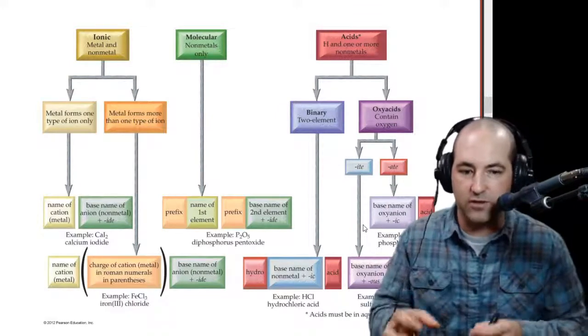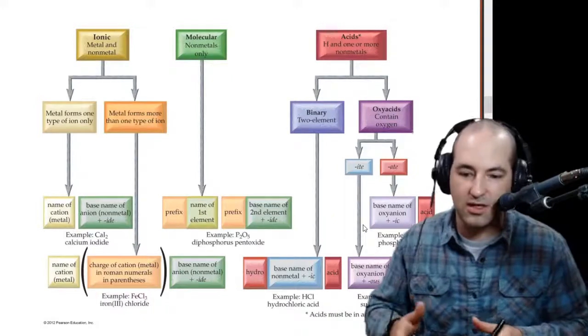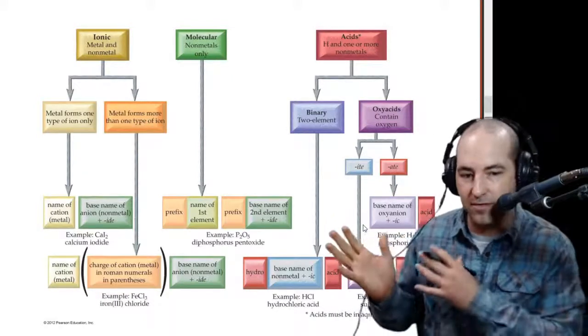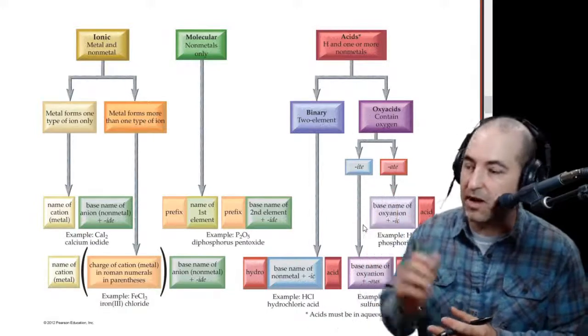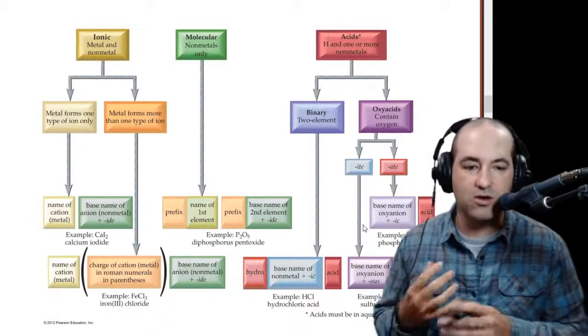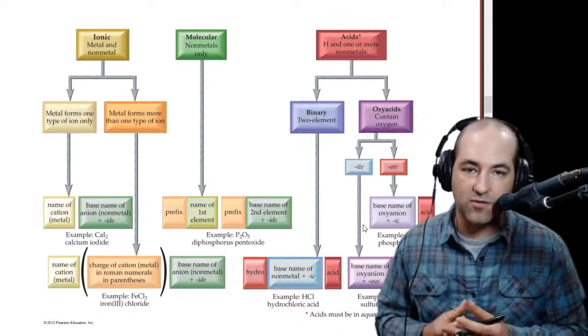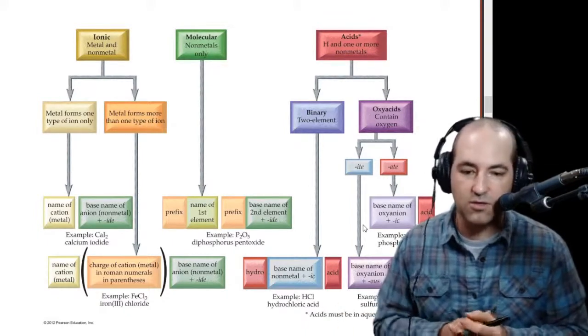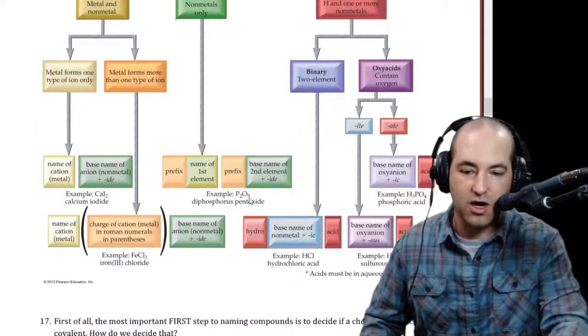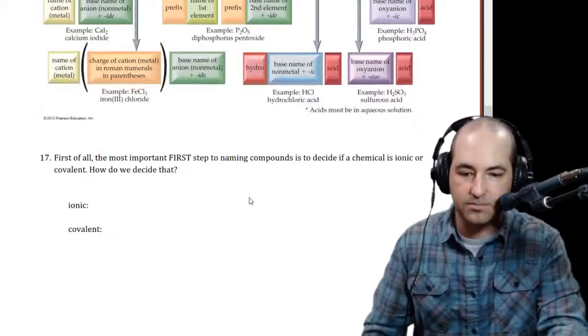It works like a flow chart, so you decide which category it's in. It may or may not be helpful for you to see it in this form. So we're going to go through it bit by bit, and if you want to come back to this as an overall summary, you can. If you find that just overwhelming and confusing, then don't worry about it. You don't need to memorize this whole chart. We'll talk about what you need to do.